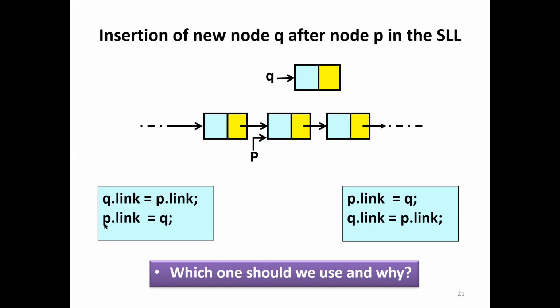The most accurate way is the one on the left. The reason is that you are inserting the element after P, and because you are inserting after P, you need the reference component of P, and that reference component of P will be assigned to Q.